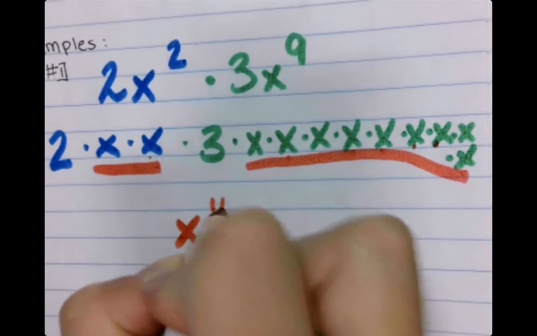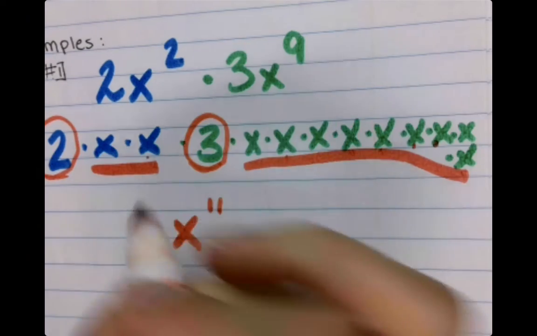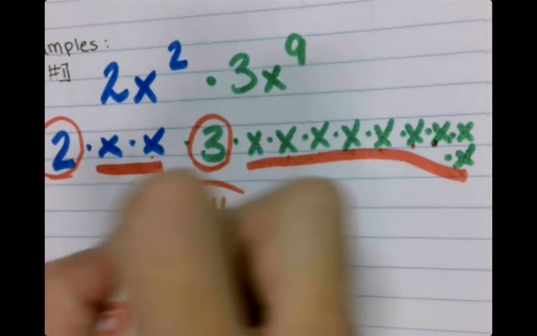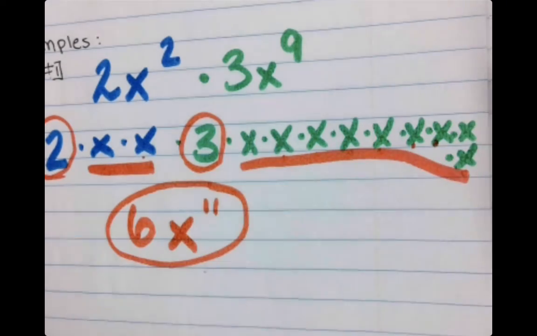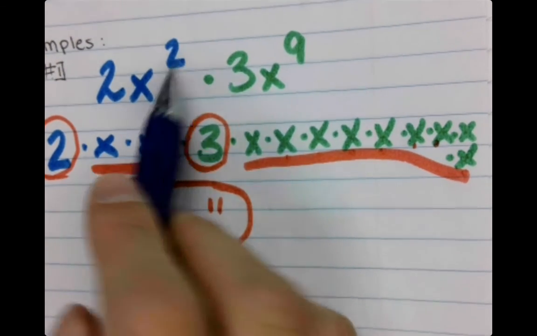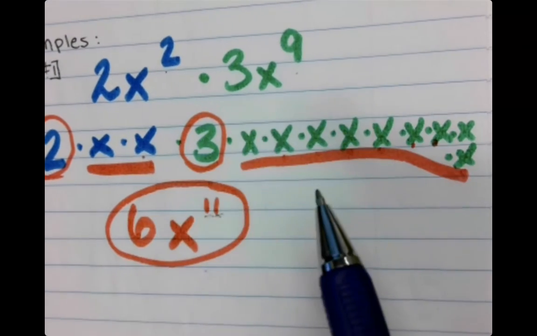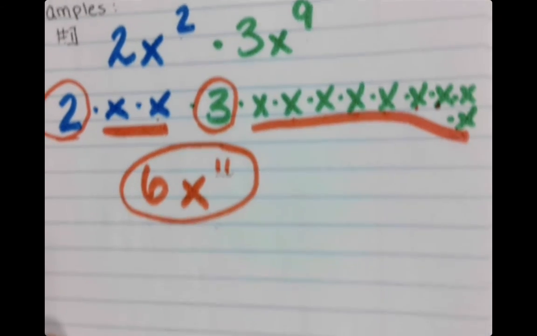So x to the 11th power. And then these two numbers in front, we would multiply for a final answer of 6x to the 11th. You could also get that by saying these are 2 x's, this is 9 x's, there would be a total of 11 x's. So whatever makes the most sense for you.